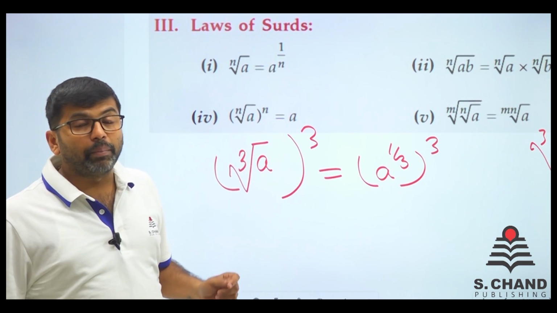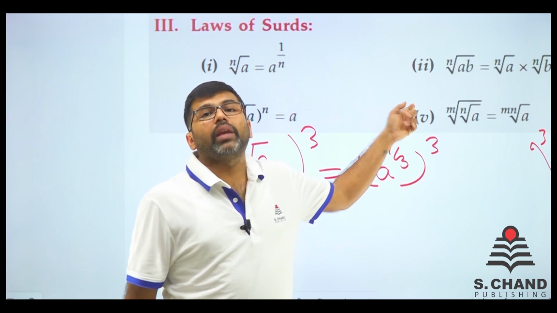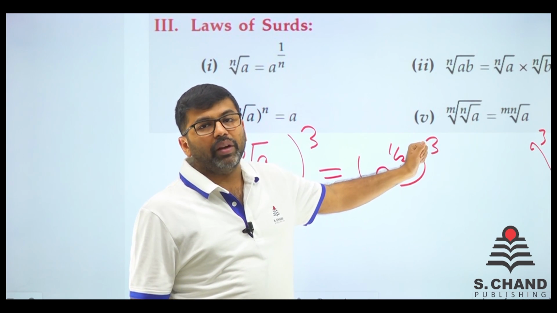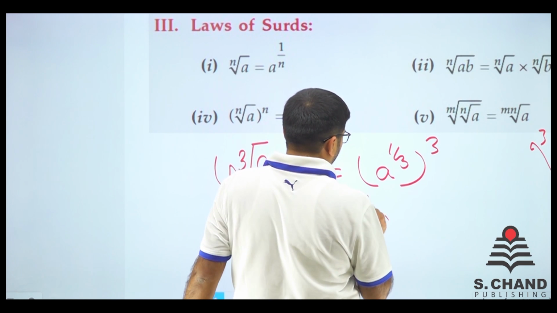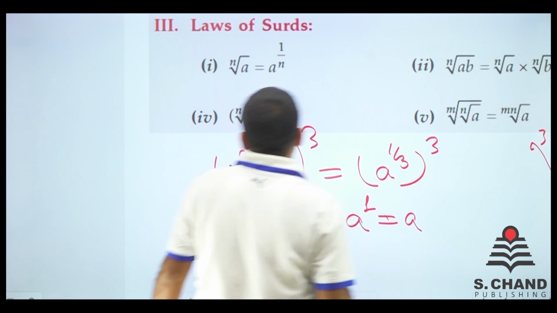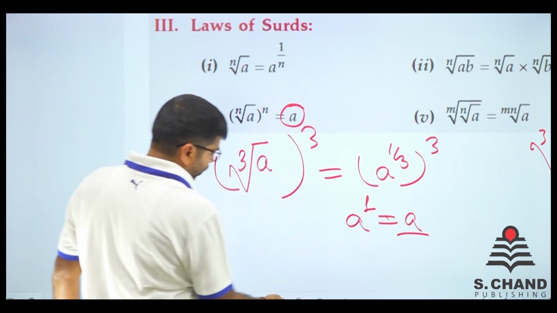And if you remember from the laws of indices, if power के ऊपर एक और power, power over power, then just multiply them. So a raised to power 1, that is a. So if it is like that, only a remains, right?